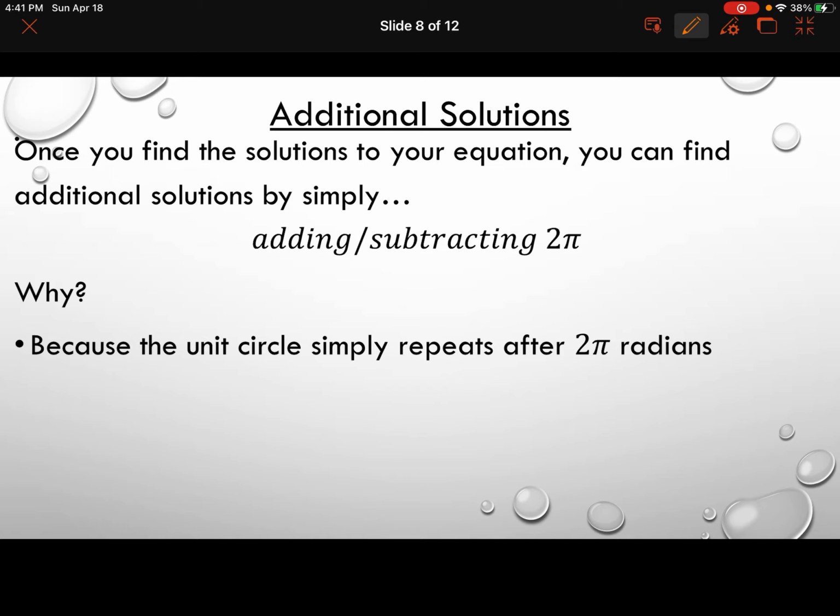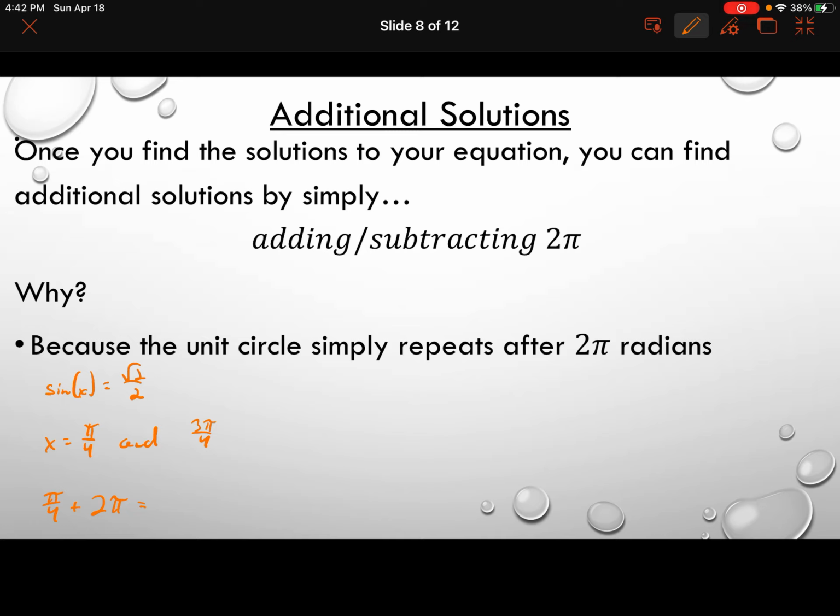For example, let's take the previous problem that we just did, which was x is equal to pi over 4 and 3 pi over 4. If you want to find an additional solution, like let's say you were asked to give me a third solution, I can simply take pi over 4 and add 2 pi to it.